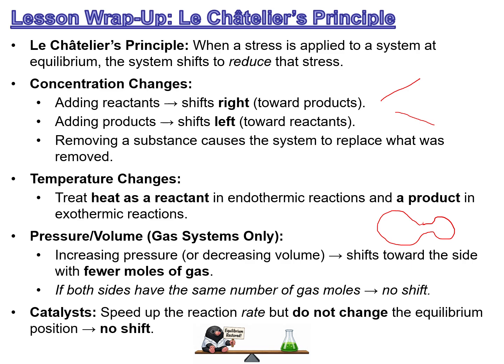If you're talking about a change in the volume, just remember that pressure and volume are inversely related. And also, if both sides have the same number of moles of gas, then there's not going to be any shift. It's going to affect both sides equally. Likewise with catalysts, because they change the rate of the forward reaction just as much as they do the reverse reaction, again, there is no shift. There is no overall stressing of the equilibrium.